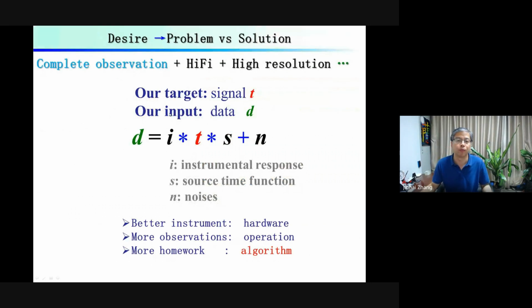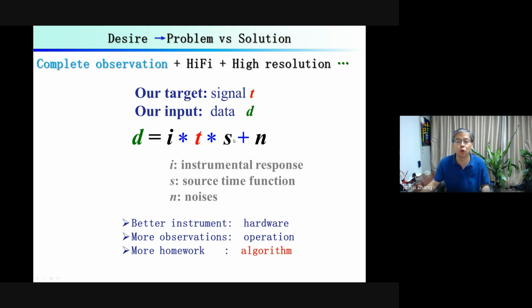Here is our model. Our target is to detect the signal from the reflectors. However, the data we can obtain is D. We denote it as D, and the target reflection T is convolved with the source time function S. That means the impulse, because the impulse is not usually perfect, so it has some duration. Usually it is not that short, it's very long.